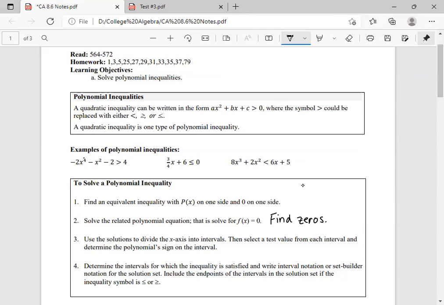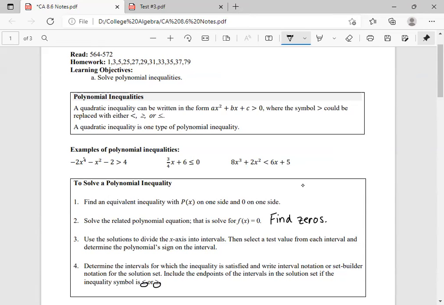Number 4, determine the intervals for which the inequality is satisfied and write interval notation or set builder notation for the solution set. If the inequality has the equal to part, then you're going to include the endpoints in the intervals. In other words, it's going to get a bracket instead of a parenthesis.